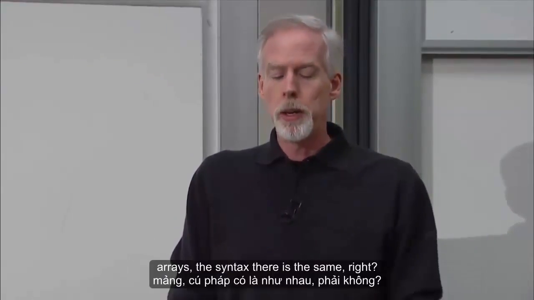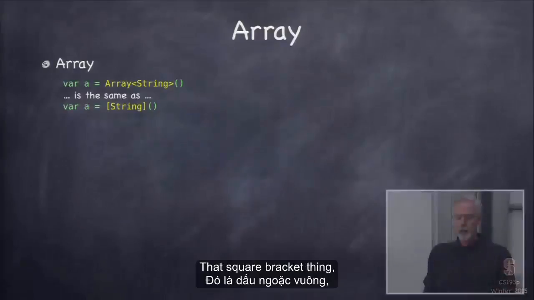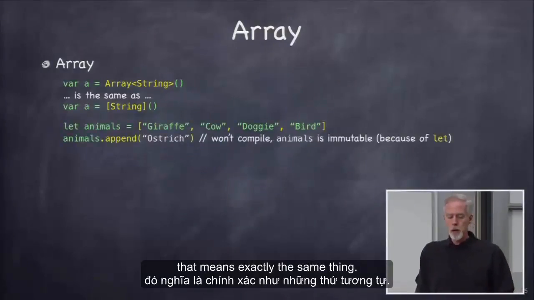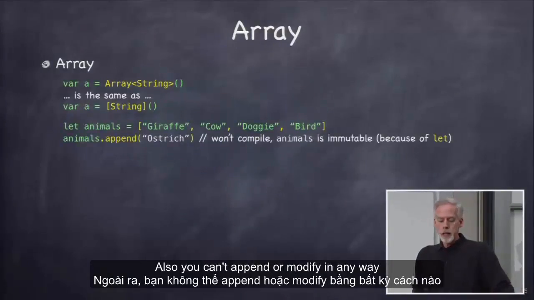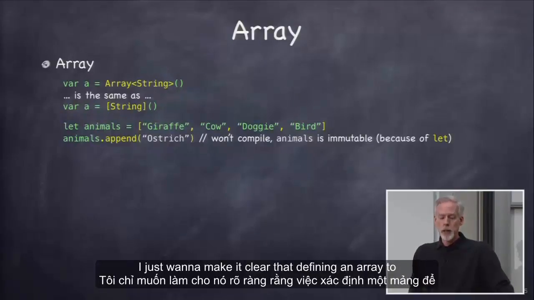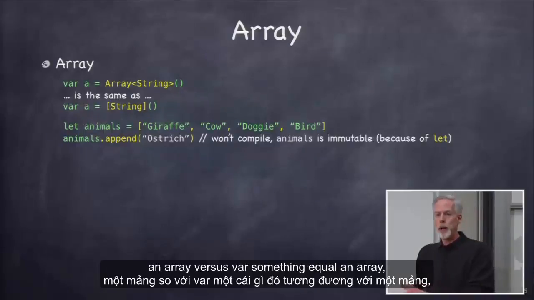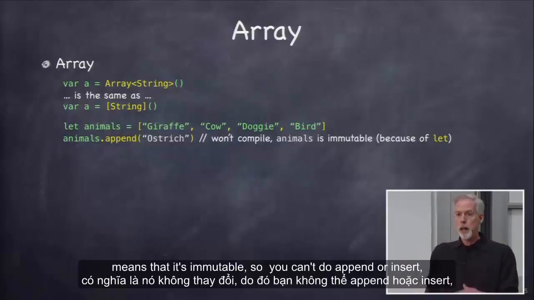Okay? So that's optional. All right, so array, we covered this, so I'm going to go really fast through this, but arrays, the syntax there is the same, right? That square bracket thing means exactly the same thing. Also, you can't append or modify in any way an array that is a let, right? That's a constant array. I just want to make it clear that defining an array to be a constant by saying let something equal an array, versus var something equal an array, means that it's immutable.